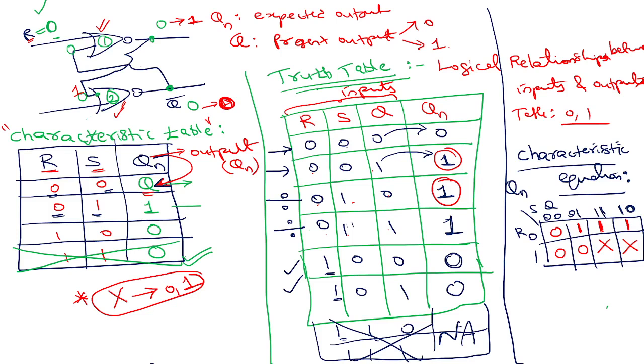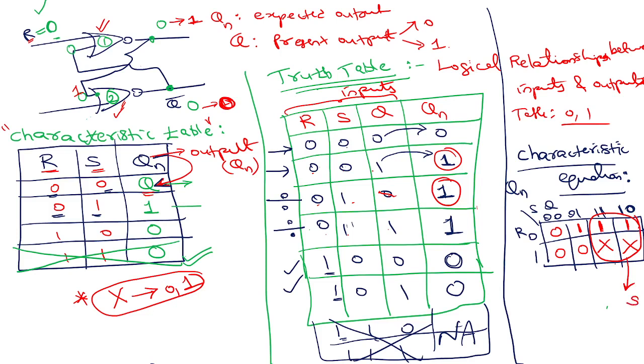Tell me, in this scenario, what should I consider don't care as, 1 or 0? You can do it in any way. So let me consider 1. Then I can group these 4. What is this group corresponding to? R is changing, so leave it. Q is changing, leave it.